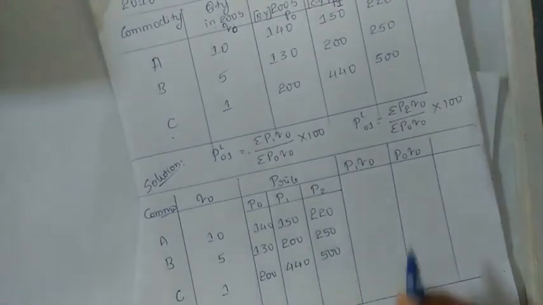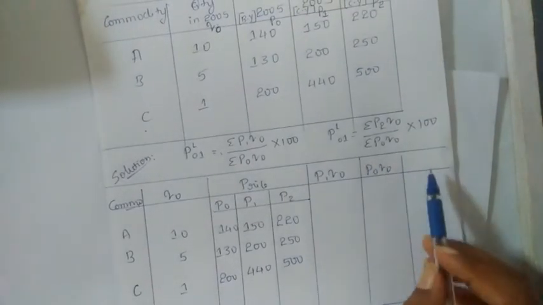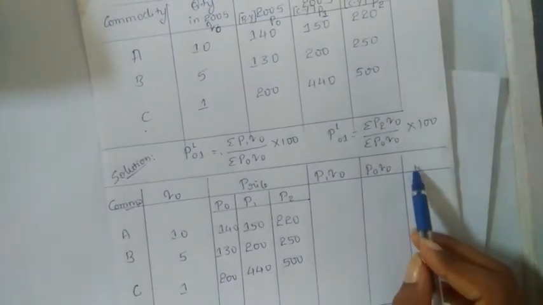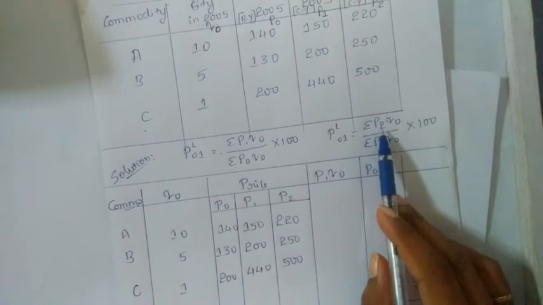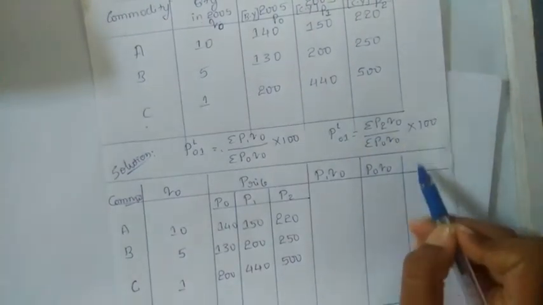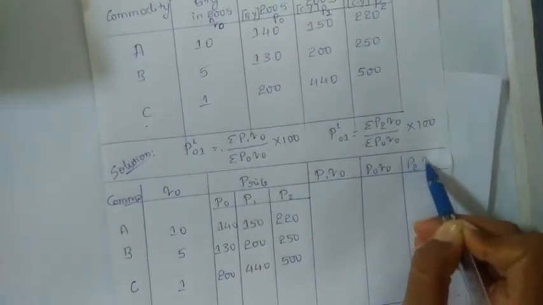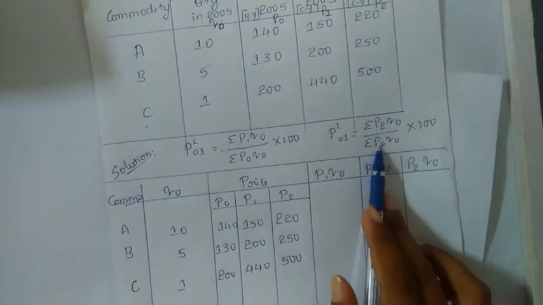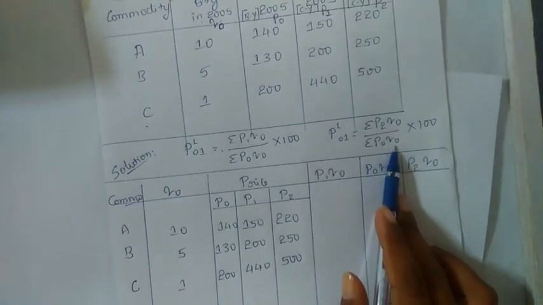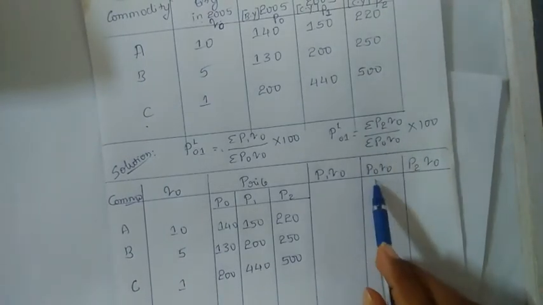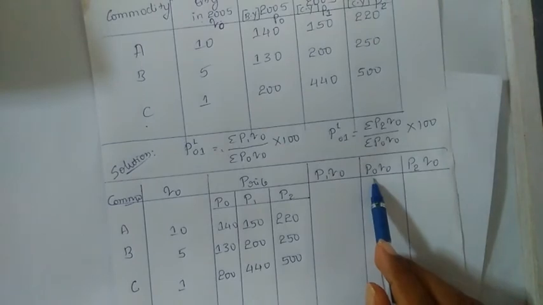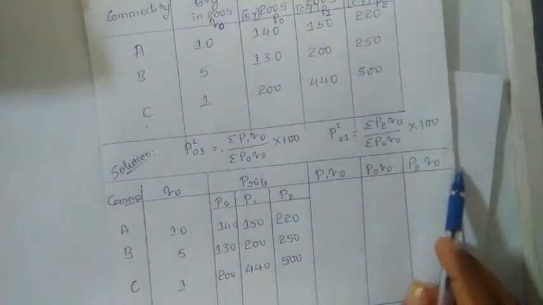So next step, here I have to draw another column, that is P2 Q naught, which you have to fill. Then P naught Q naught, you have already calculated here, so no need to calculate again.